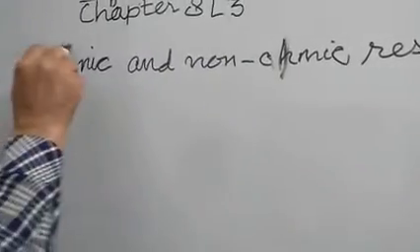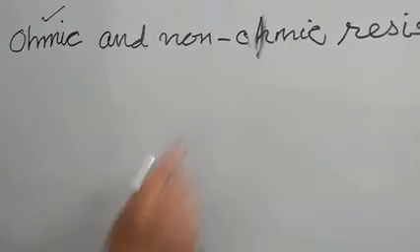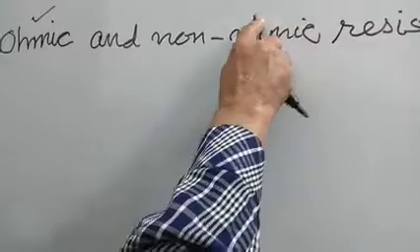Any wire or metal or anything that follows Ohm's law strictly is called an ohmic resistance, which follows Ohm's law. And something which does not follow Ohm's law is called a non-ohmic resistance.